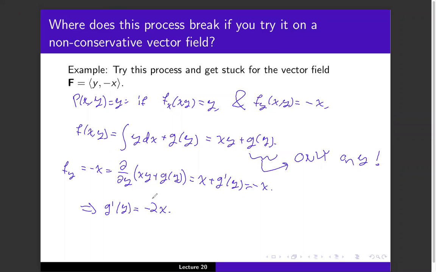And that's obviously wrong. That is obviously wrong because this depends only on y, and this depends, in part, on x.